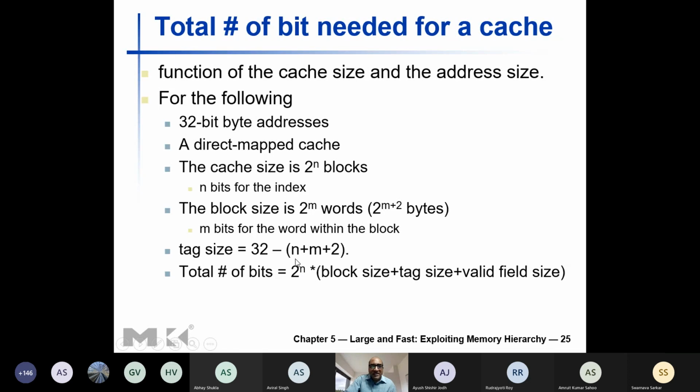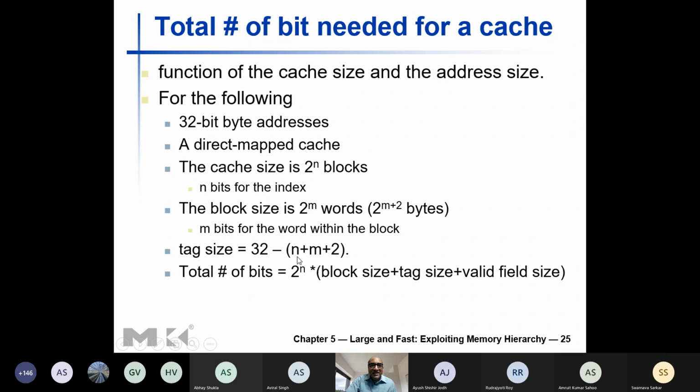Now you can see this n is nothing but the index of the cache. That means the number of entries in the cache is indicated by n. And this m plus 2 is the number of bytes in the block, because there are 2 power m words and each word has 4 bytes. So this m plus 2 refers to the number of bits required to represent a block.